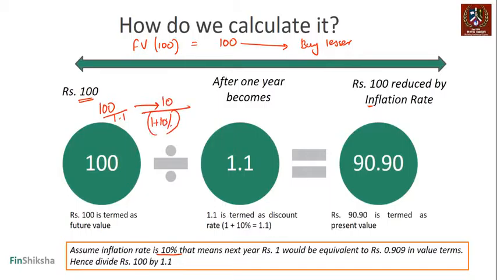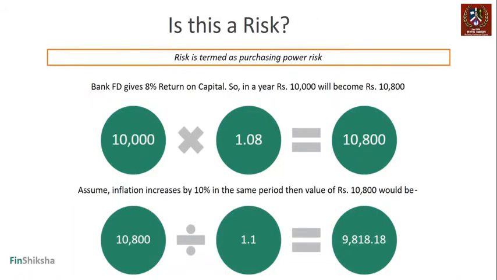So the value of 100 goes down to 90.9 next year, correct? What does that mean? If you're able to purchase something worth 100 today, next year, if you have 100 rupees, you will only get stuff worth 90.9 from that. And that is how inflation affects your money or holding capacity.